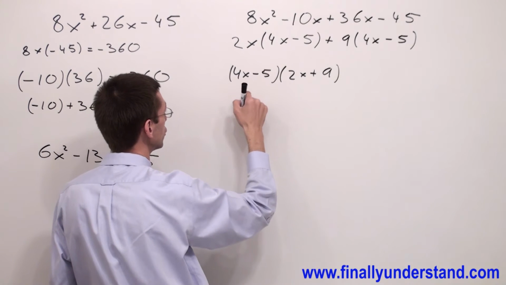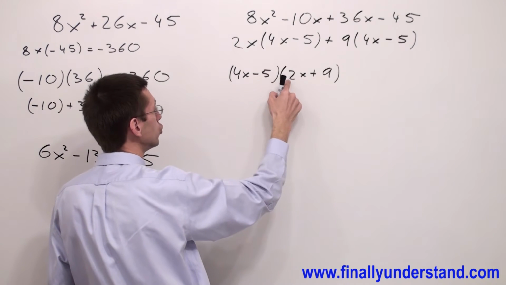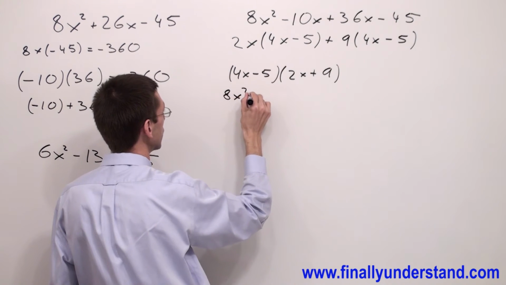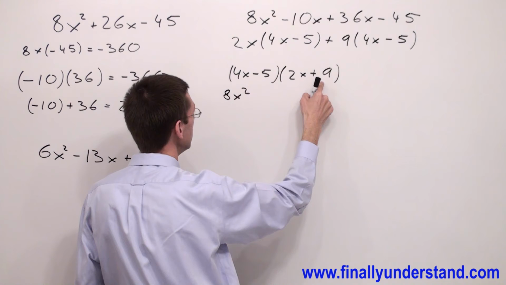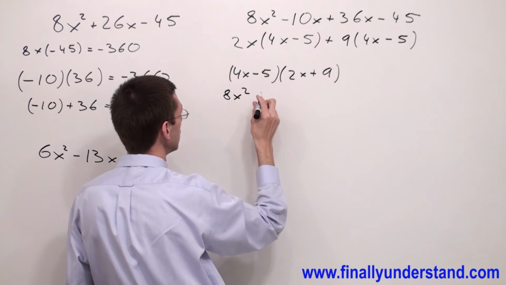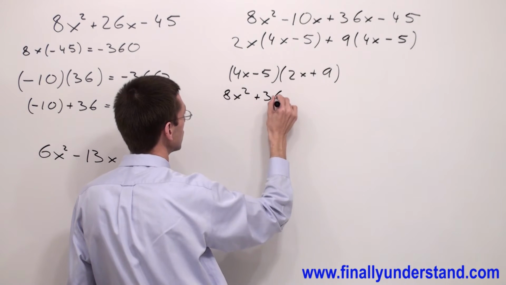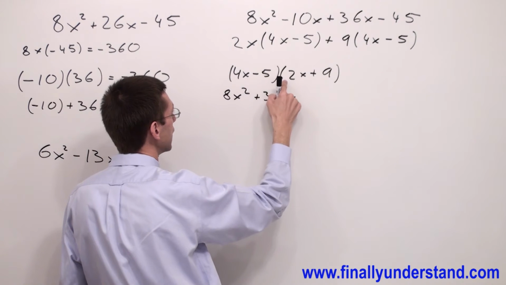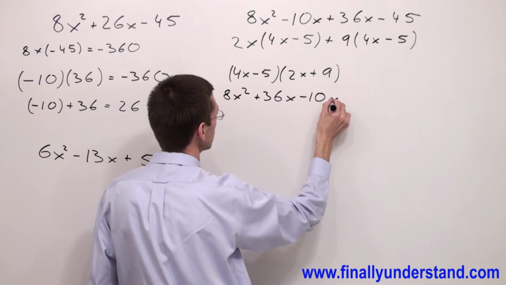Let's take a look if this is true. 4x times 2x gives me 8x squared. 4x times 9 is equal to 36x. Minus 5 times 2x is minus 10x.